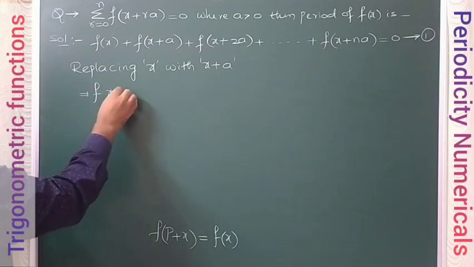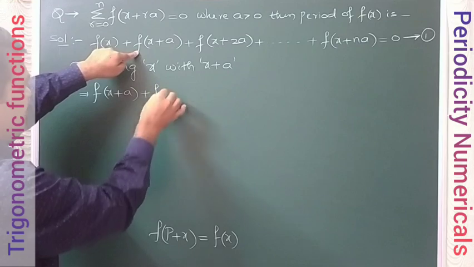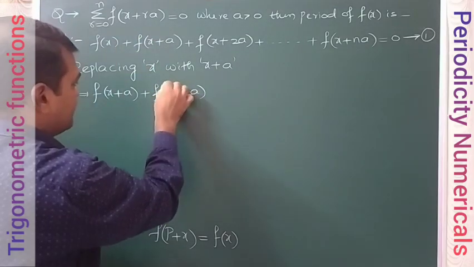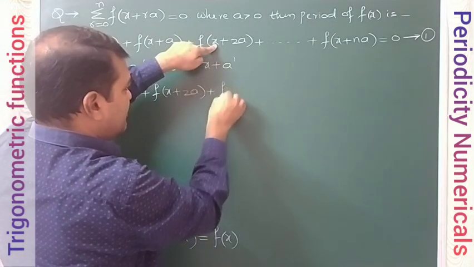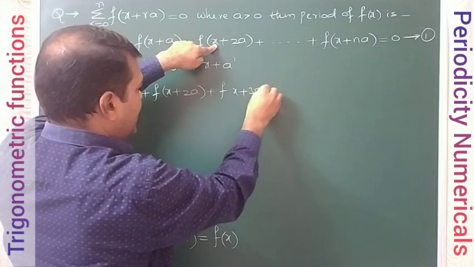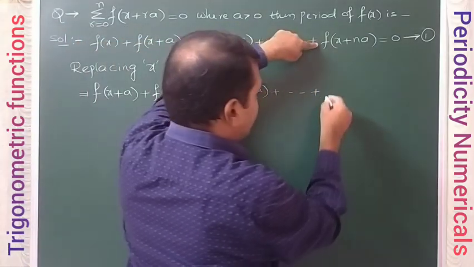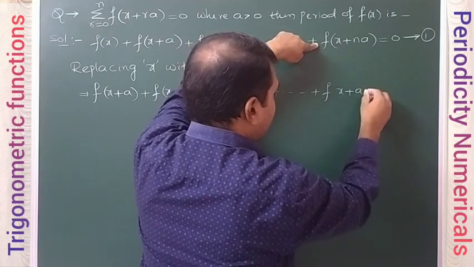So f of x plus a plus f of x plus a plus a, so x plus 2a. Next here f of x plus a plus 2a, that means f of x plus 3a. In the last term it is f of x plus a plus na.